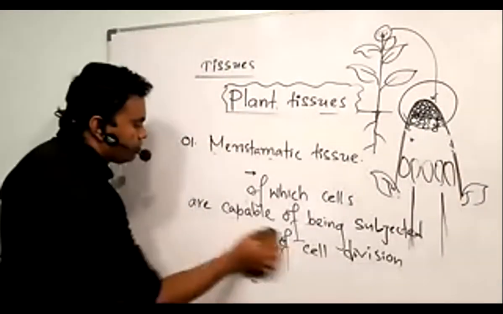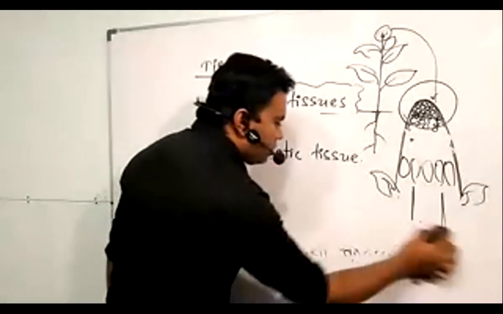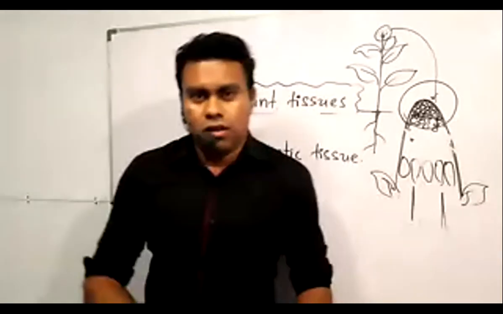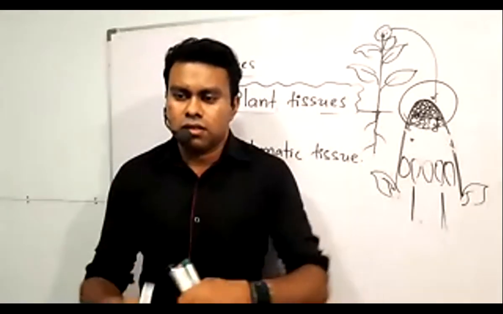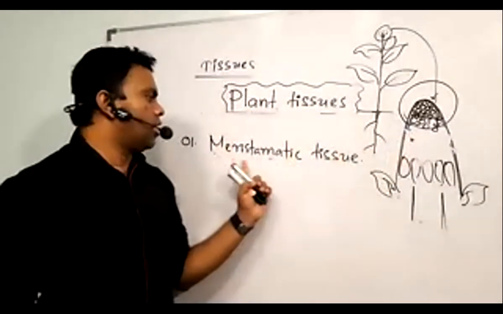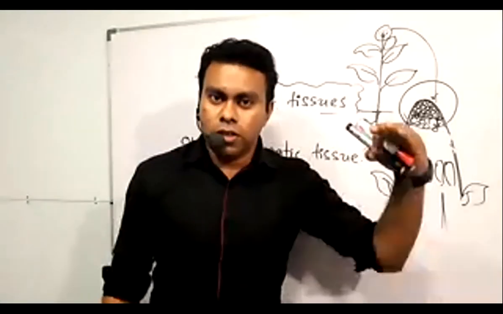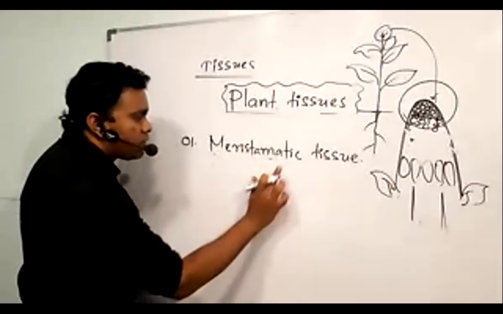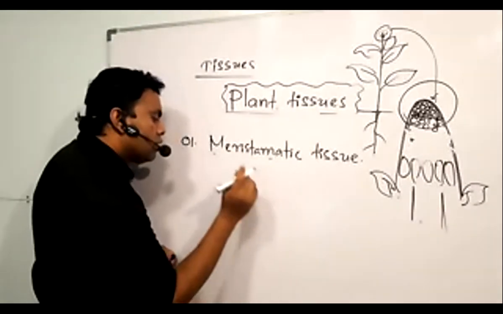Next. There are three types of meristematic tissues. Let's define it and we'll go to the opposite type of meristematic. Then we draw the flow chart, then you can clearly understand this. Okay. So these meristematic tissues are of three types.